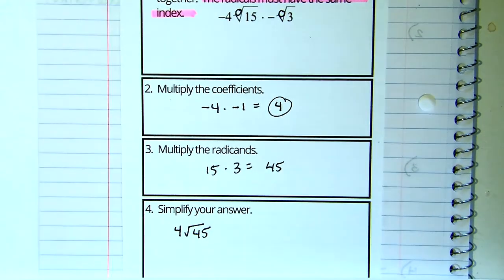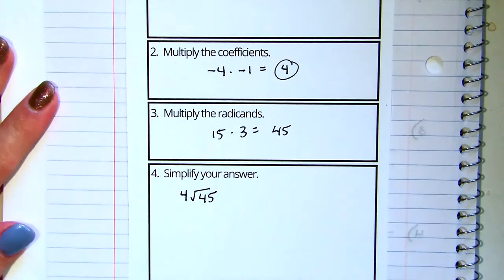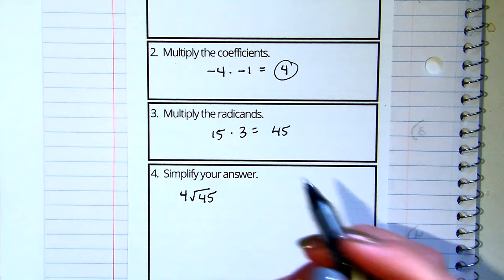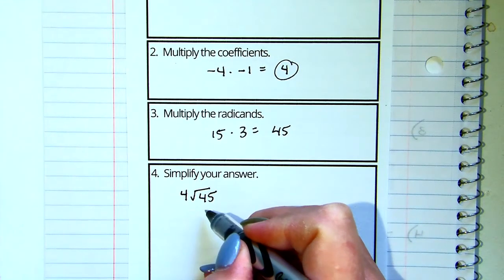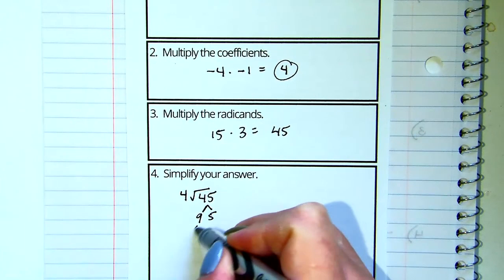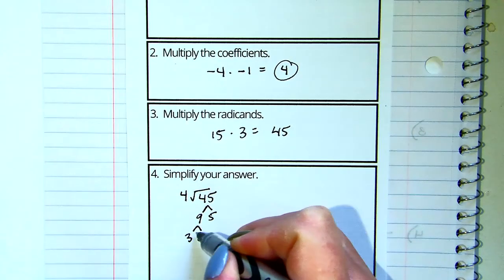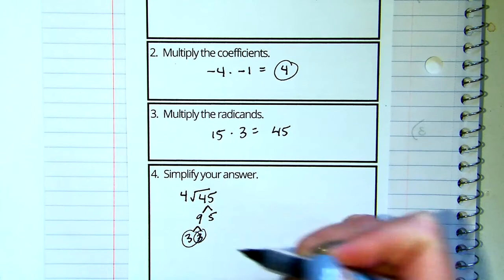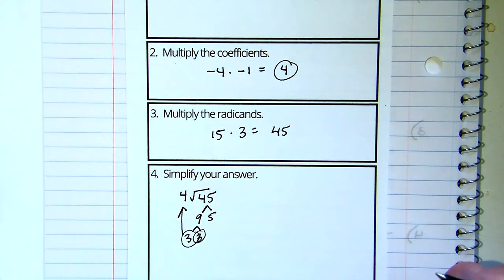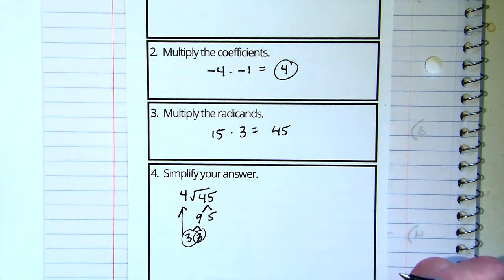Here, I'm now going to simplify my answer. So, I'm going to find two numbers that multiply together to give me 45. The easiest ones for me are 9 and 5. So I'm going to write 9 and 5. 9 breaks down to 3 and 3, whereas 5 is a prime number. So my grouping of 3's is going to multiply or combine with the 4 that's in front.